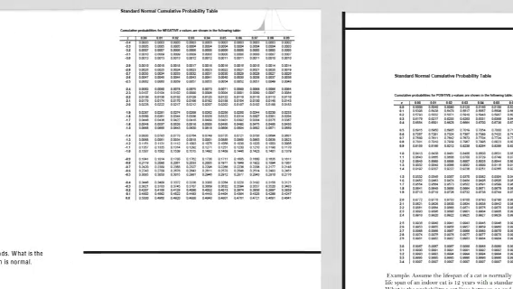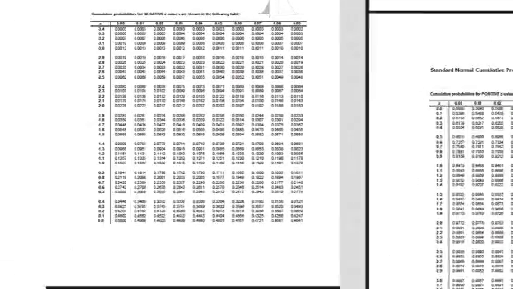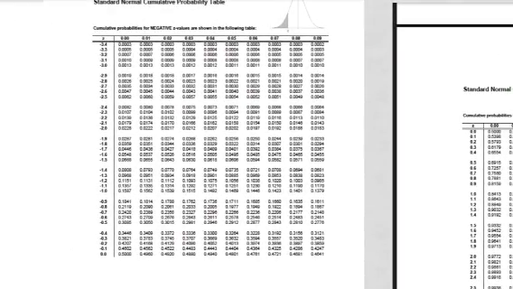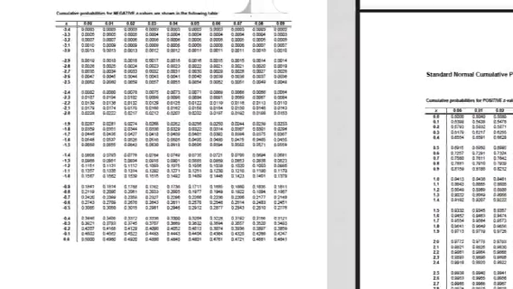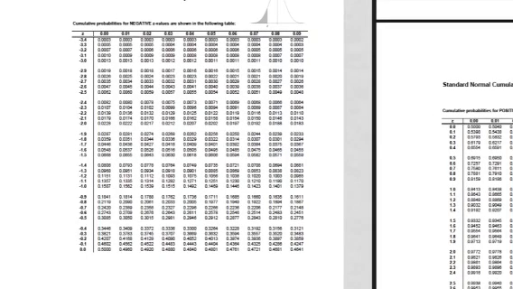So now we're looking inside the table. I'm going to zoom in so we can see this. That's as far as it'll go. 0.0401. Okay, I see 0.03s, 0.04s, 0.0401. There it is. See it?